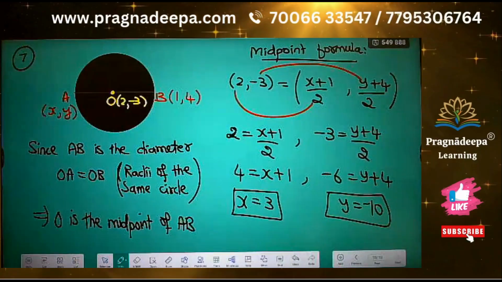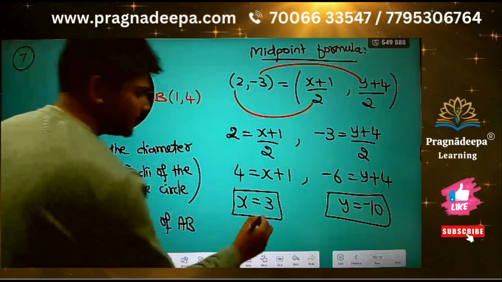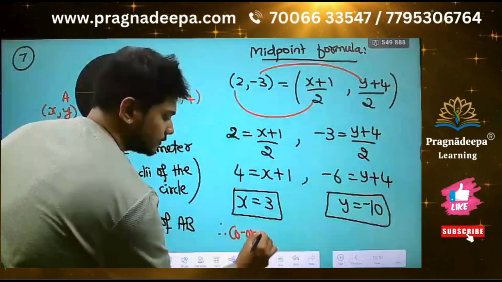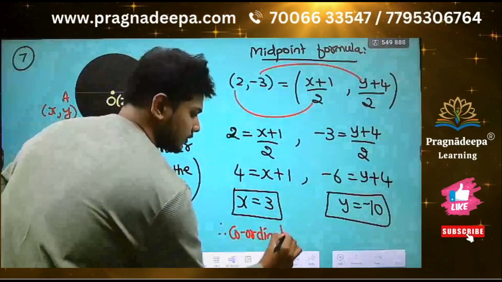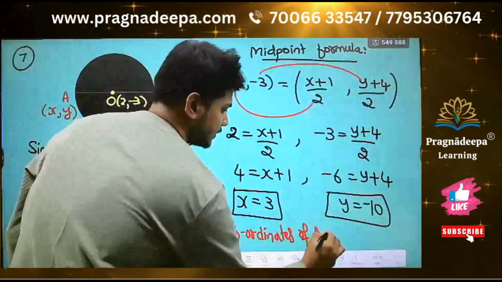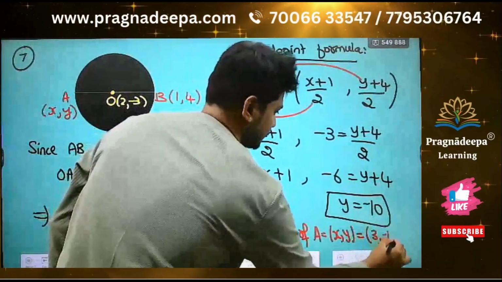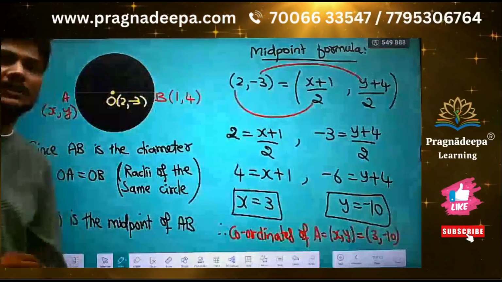Coordinates of y is -10. Therefore, the coordinates of A, that is x comma y, equal to 3 comma -10.